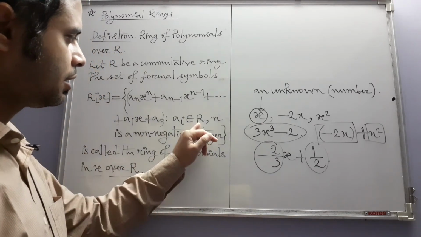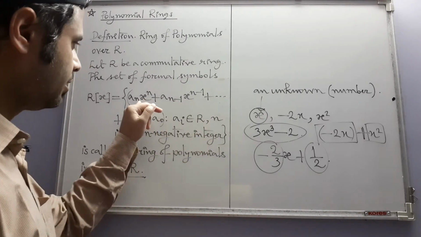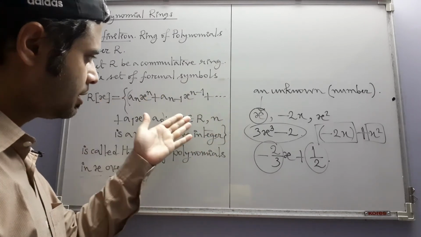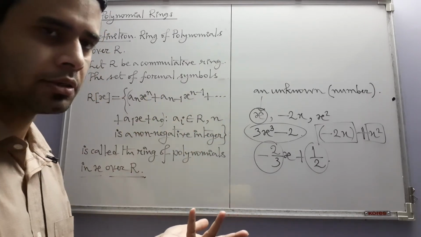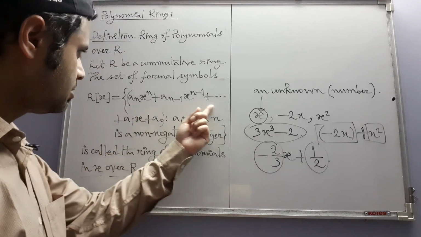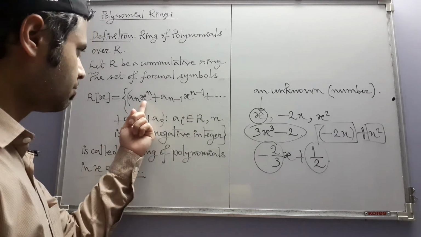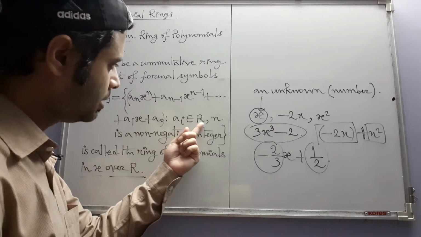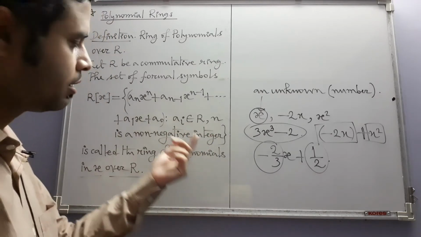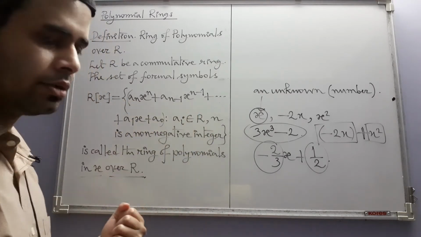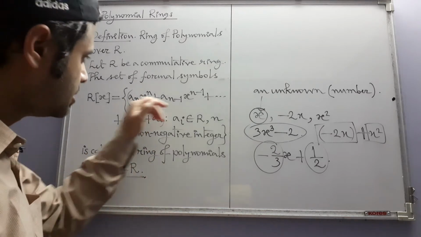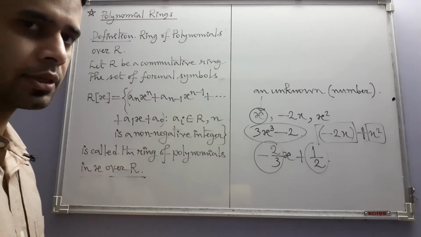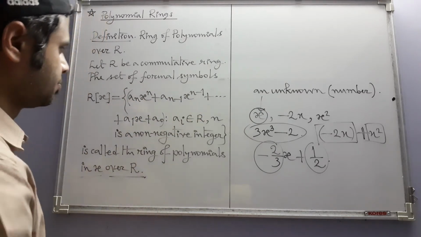You may be clever and try to think that similarly x is an unknown ring element, so that this is an unknown ring element. Once one knows what x is from this ring R, one knows this ring element. No, this is not a ring element. This is something else.